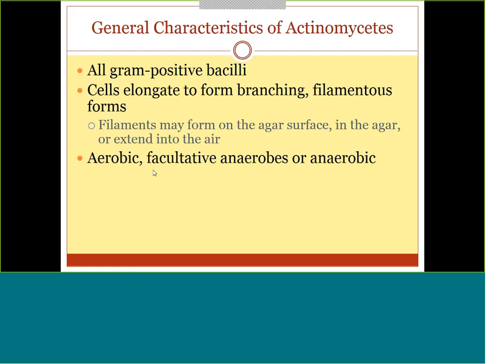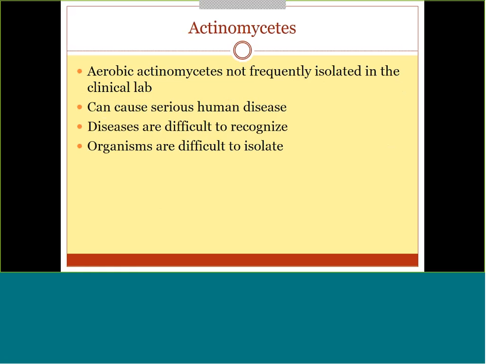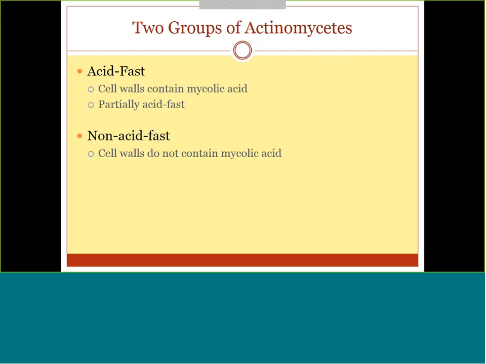Usually they're aerobic or facultative anaerobes, meaning they don't care if they're anaerobic or aerobic, so they can grow either way. They're not frequently seen, so this isn't something you're going to hear of much. I've never seen one myself in person. Hopefully your lab instructors have, because they would be more expert at describing what they have seen. But when they are seen, they can cause some very serious disease, but they are hard to isolate.